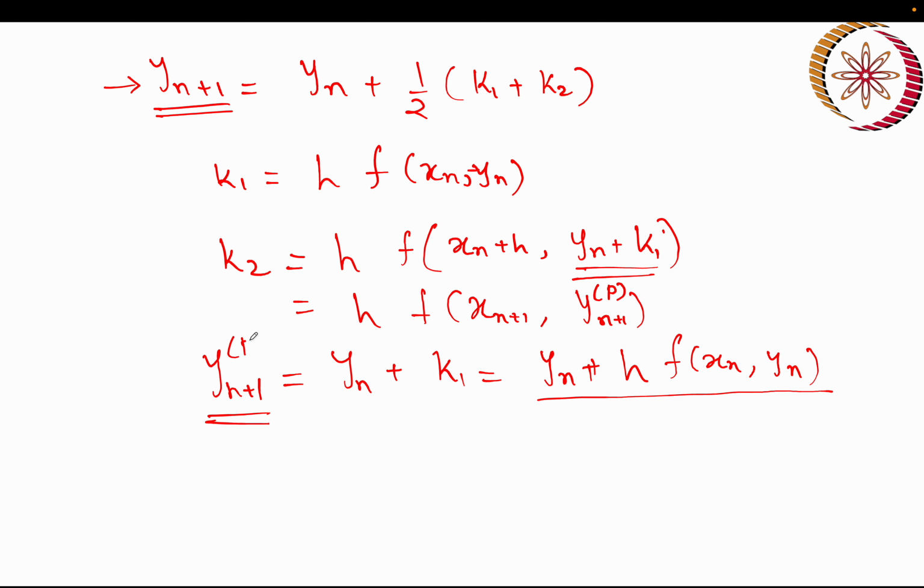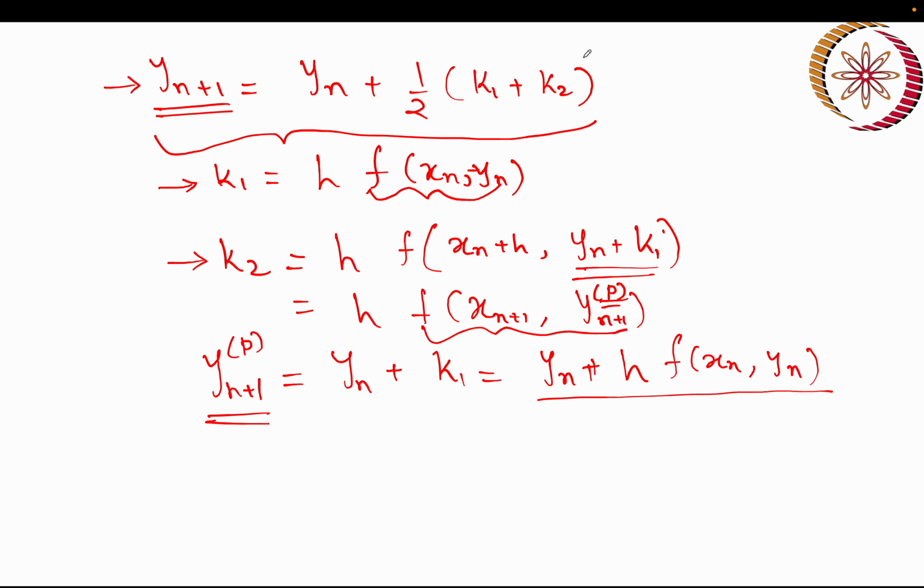So this we can treat as the predicted value, and then after prediction we are again finding the yn plus 1, and that time we are using these two values that we have computed. So first, we have found the derivative at xn and yn, and in the next case we have found the derivative at the next location, which is at xn plus 1 and yn plus 1. But this yn plus 1 we have just predicted, but we have not yet corrected this value.